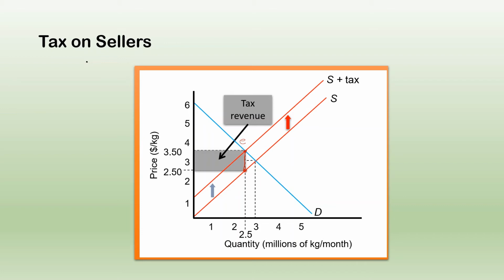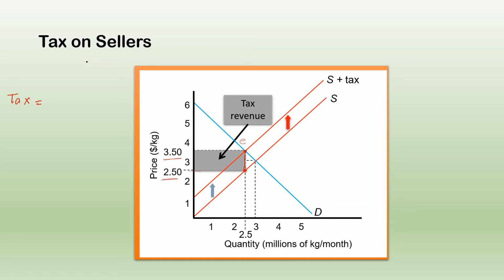So this point will give you a price which is equal to 3.5, and this point on the old supply curve will give you 2.5, which is actually the price which the seller is receiving. So the amount of tax can be easily calculated, because sometimes it is not given what the amount of tax is, and you have to determine it by using the information given in the diagram.